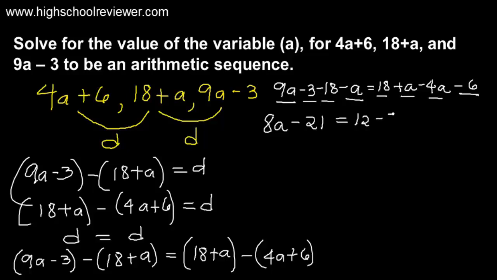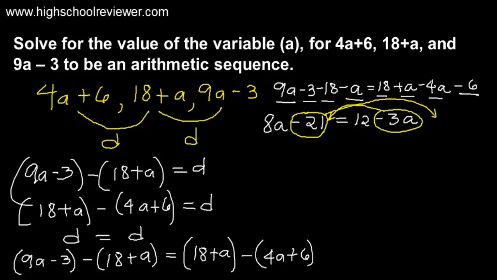This is negative 3a. Okay. So let us now combine like terms. So we are going to transpose minus 3a to the other side. And we are going to transpose here negative 21 to the side of positive 12.